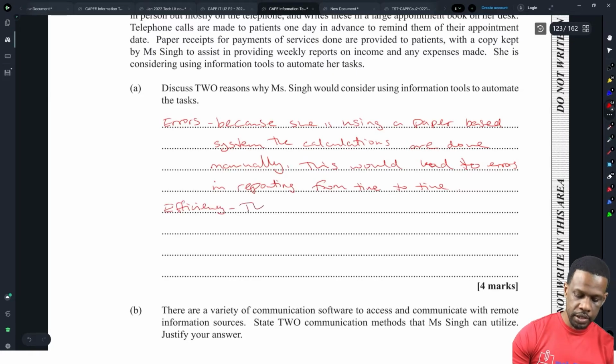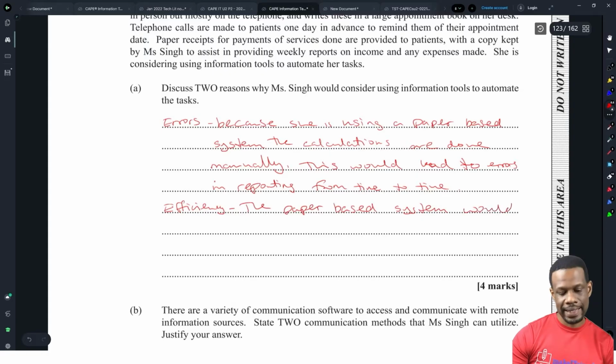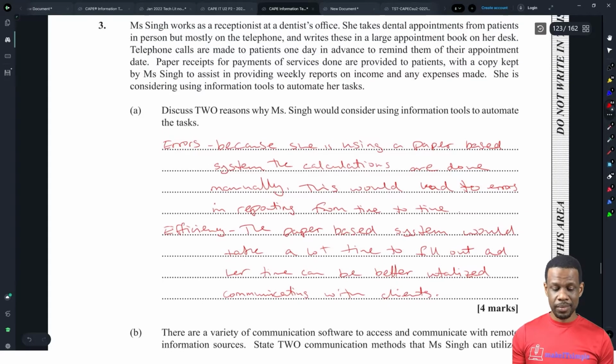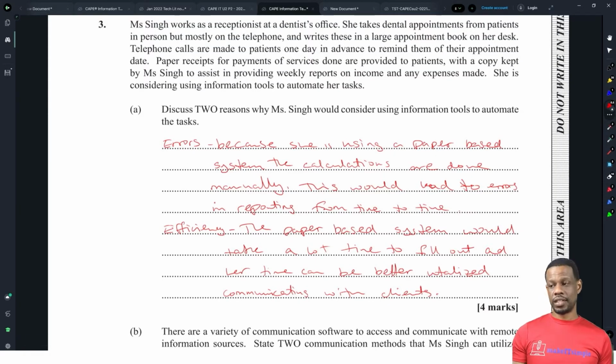The paper-based system would take a lot of time to fill out, and the time can be better utilized for communicating with clients. Nice. So errors, efficiency. Once it's a paper-based system, you have the world at your fingertips to tell them why a paper-based system is bad. So errors, efficiency, time, losing the files, no backups, all those sort of things. You could justify that anyway, I think.